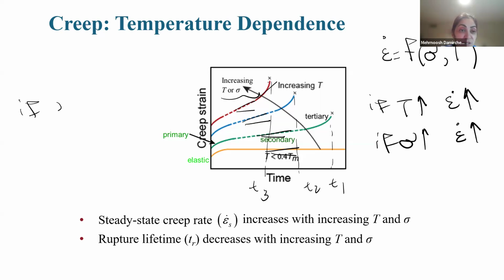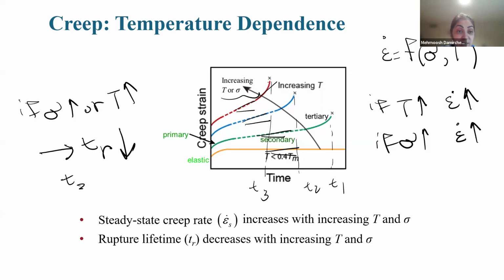So if sigma or temperature increases, TR, or rupture time, decreases, as you see that T3 is less than T2 and less than T1. So higher temperature means higher creep rate. To summarize: higher sigma, higher creep rate; higher T or sigma means shorter rupture time.